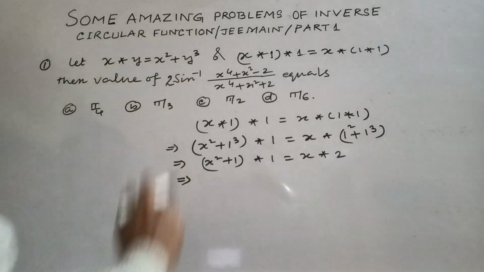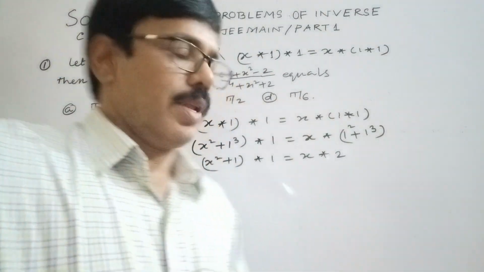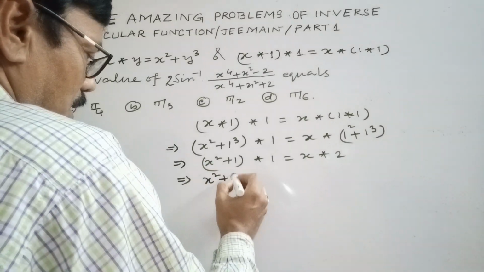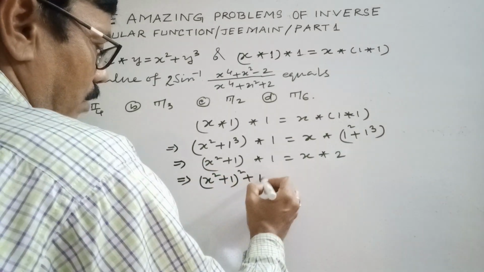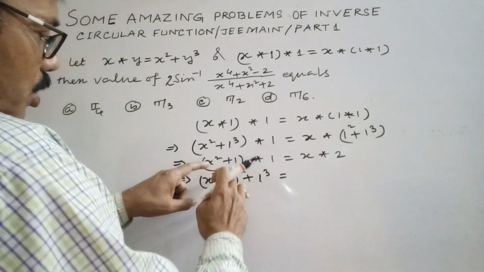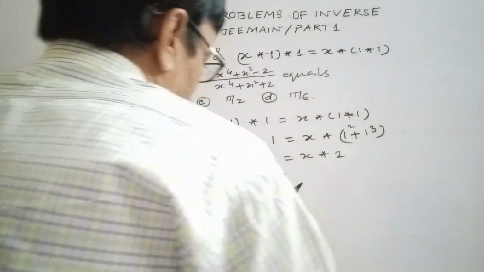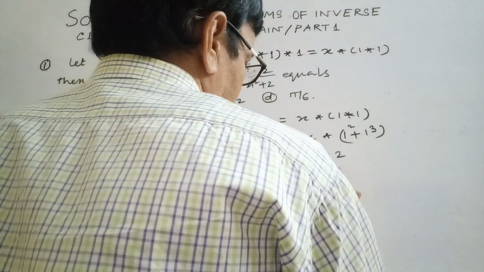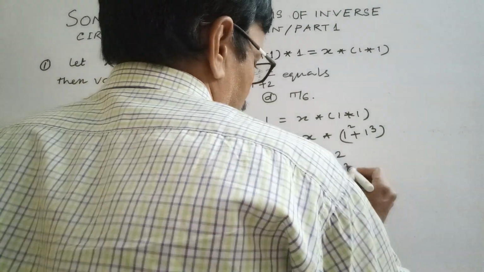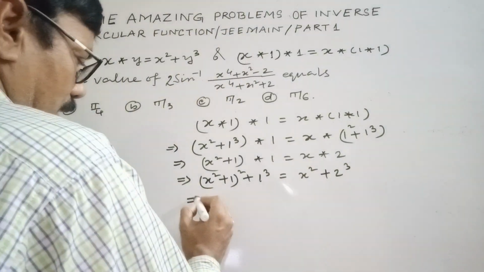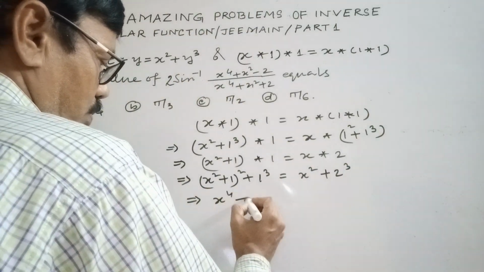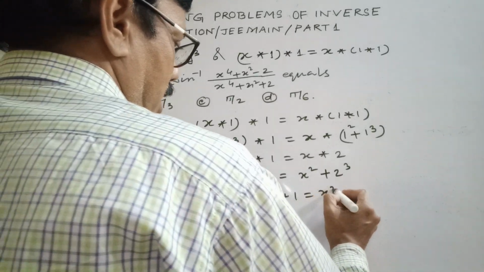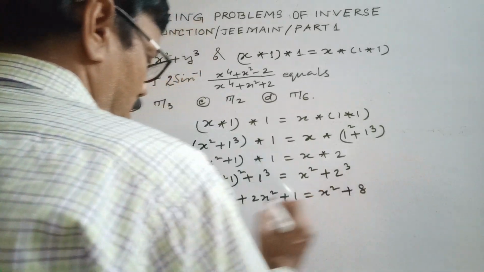What is x star y? First term whole square plus second term whole cube. So this is coming with the help of this operation, and this is x square plus 2 cube. Now simplifying, we are getting x to the power 4 plus 2x square plus 1, and this is x square plus 8.